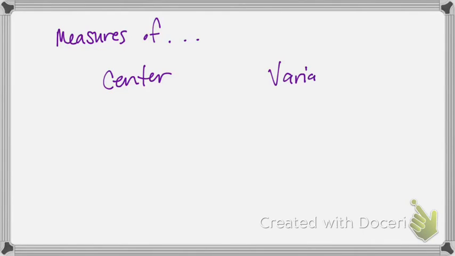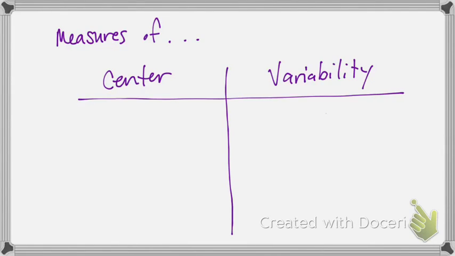And we're going to talk about measures of center and variability. This is just on the bottom of your T-chart page. Measures of center, measures of variability.